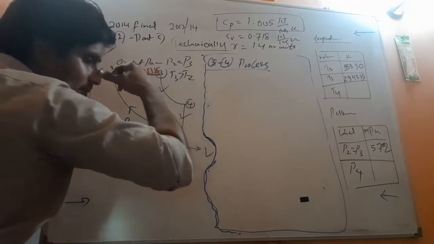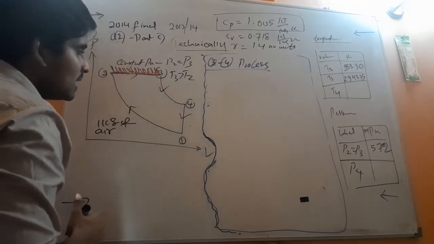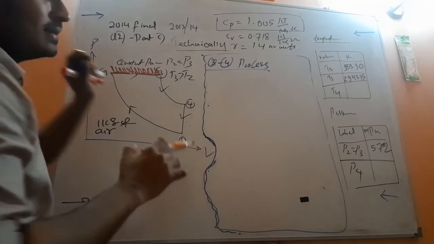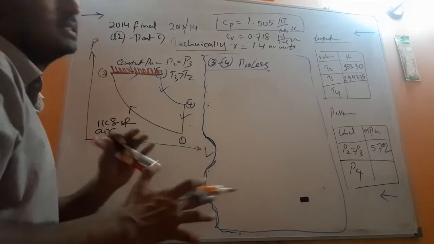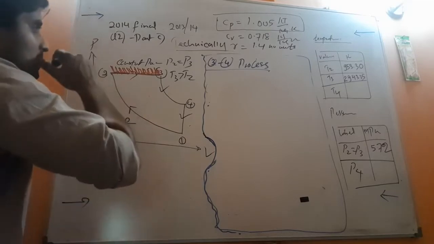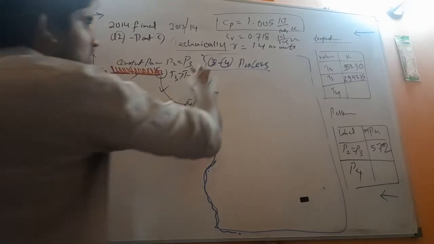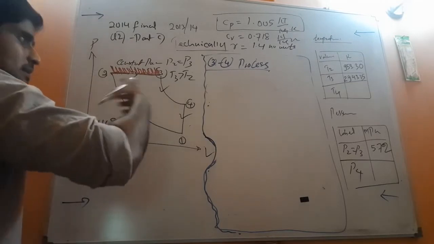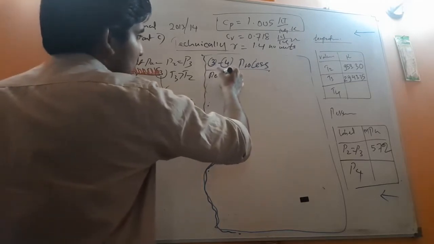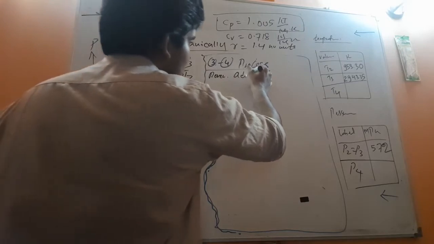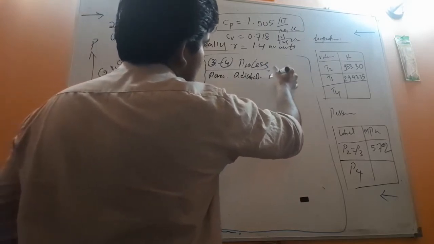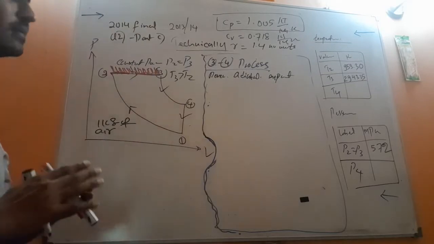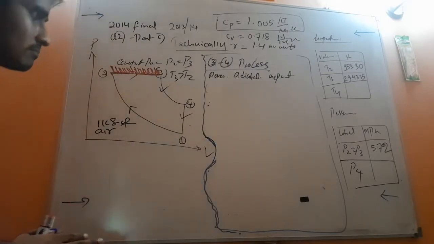Adiabatic means not just adiabatic, but reversible adiabatic. Adiabatic is different; reversible adiabatic is a special feature. So process 3 to 4 is reversible adiabatic expansion.